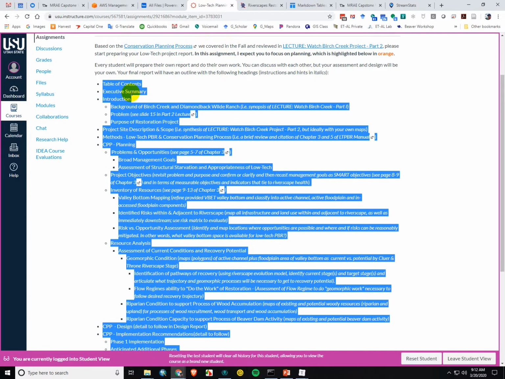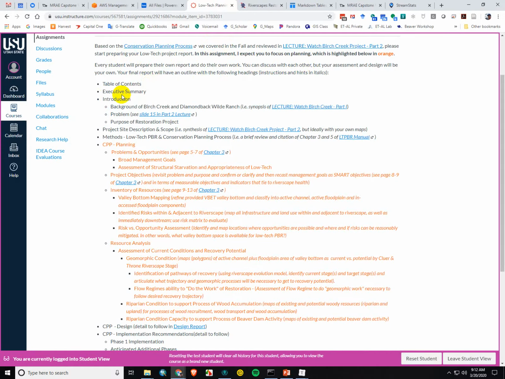It should have a table of contents, an executive summary, an introduction, project site description and scope and methods. These I'd suggest you get started on, but it's not really what I'm looking for right away. I've also pointed you to hints in italics of resources that'll help you with those.